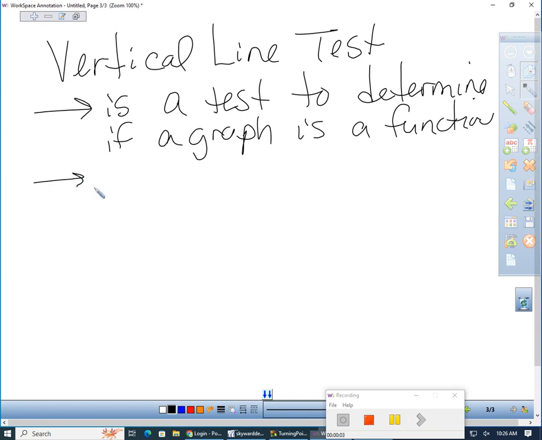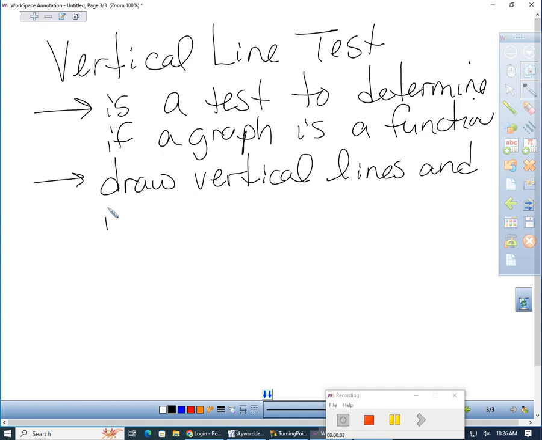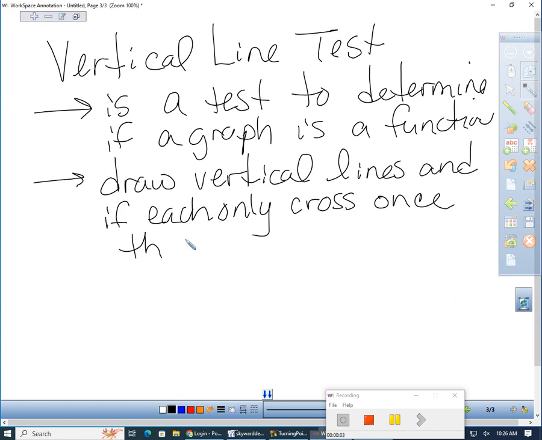So, when you draw vertical lines, if each only crosses one time, I'll just say once, then it is a function.